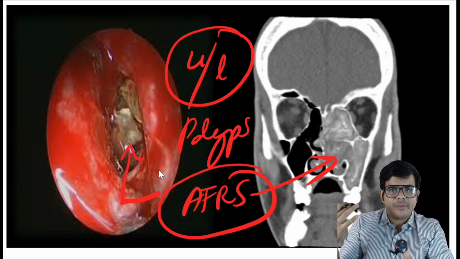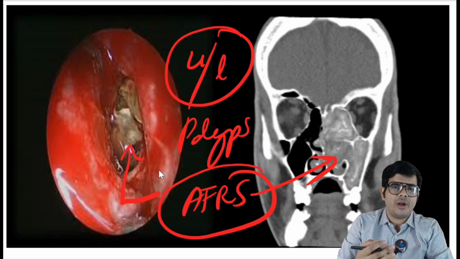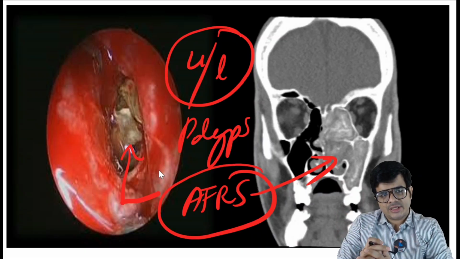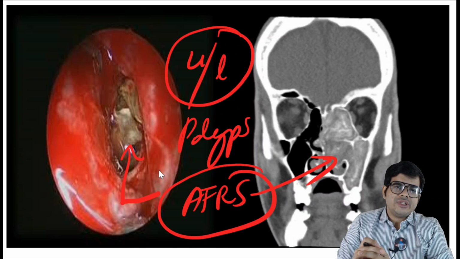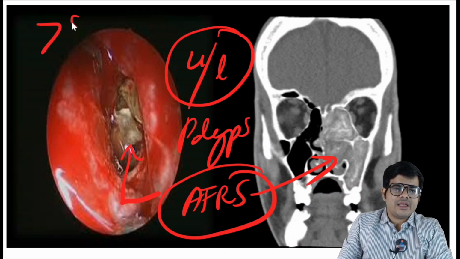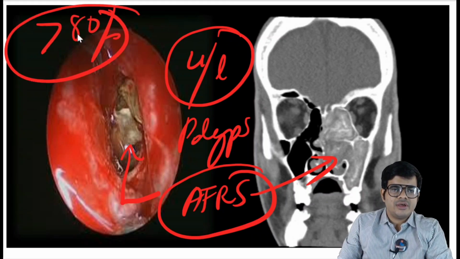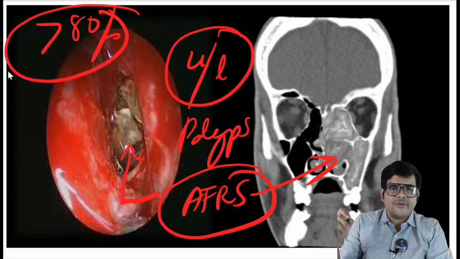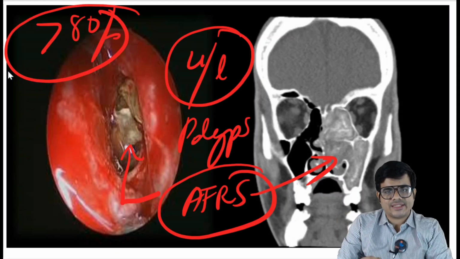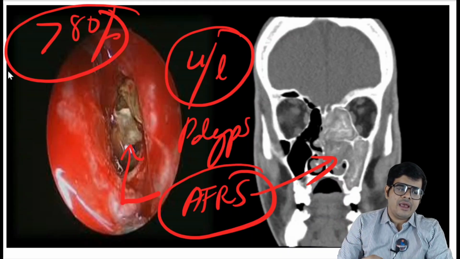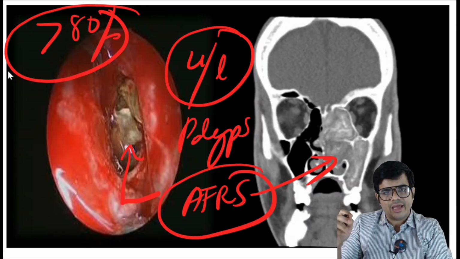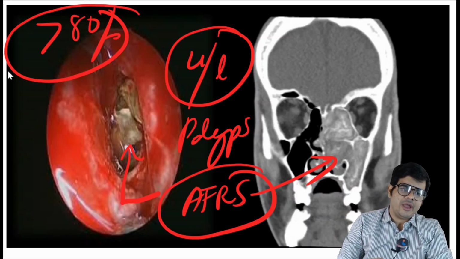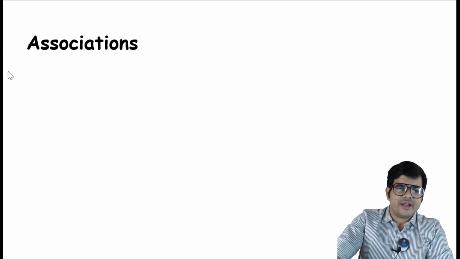It need not be the maxillary sinus, it can be ethmoid sinus. In fact, ethmoid sinus is the most commonly involved sinus in AFRS. Okay, so this AFRS is having more than 80% association with the polyposis formation. That is, if you are having AFRS, there is more than 80% chance that you are having a nasal polyp. Okay, and it is typically unilateral and seen in adults. Okay, so that's about AFRS.